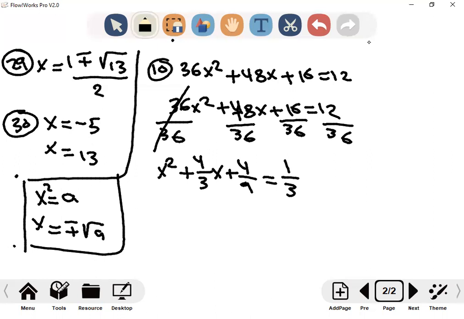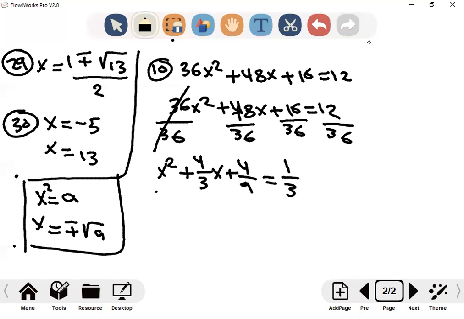We multiply by a half, right? Half of 4 over 3, 2 over 3. Power 2, 4 over 9. So it is correct here, it is valid.